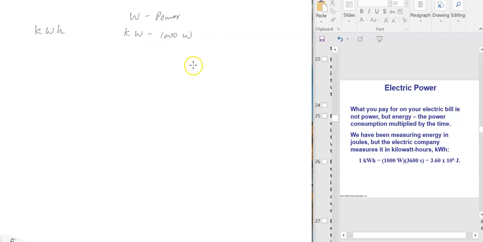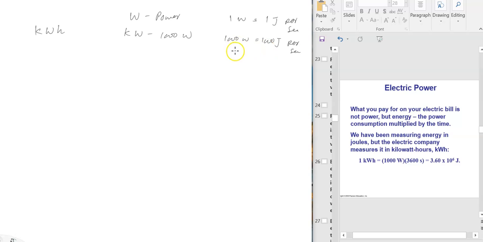So if you use 1000 watts or 1 kilowatt for 1 hour, that amount of energy is called 1 kilowatt hour. So 1 watt is 1 joule per second, right? So what is 1000 watts? That is 1000 joules per second.